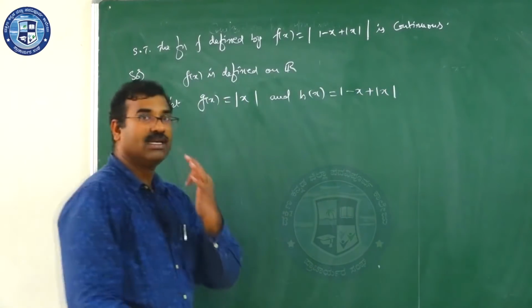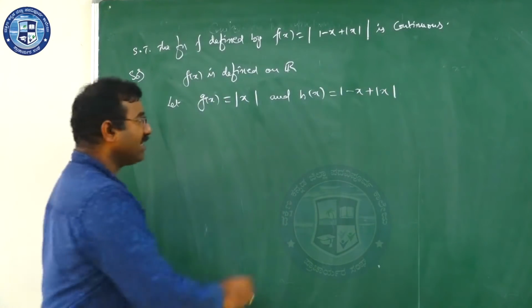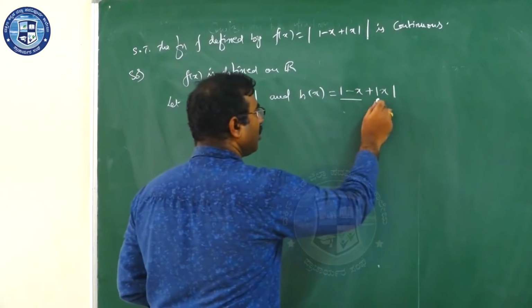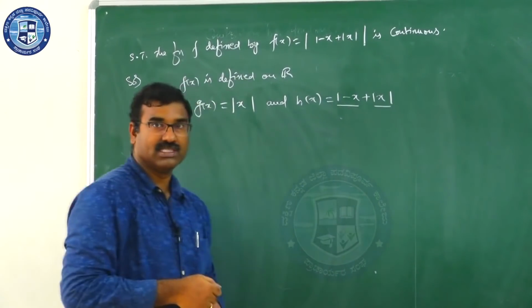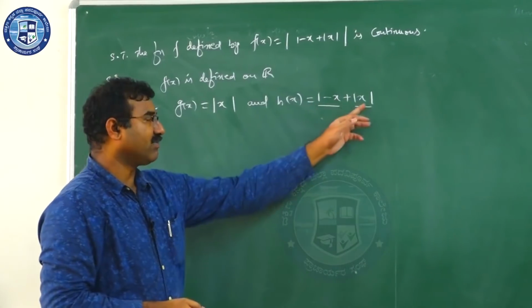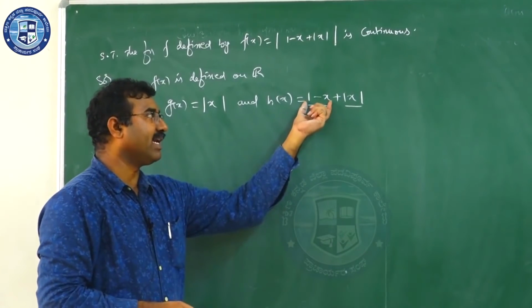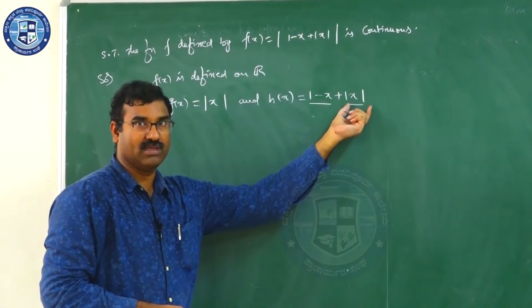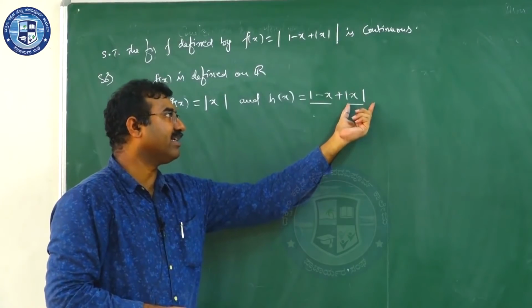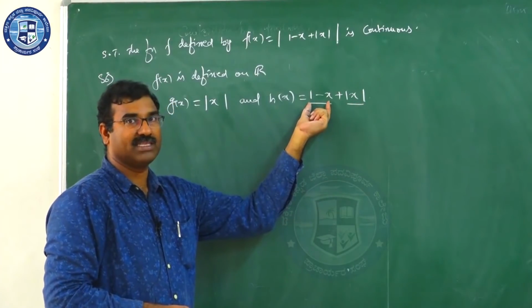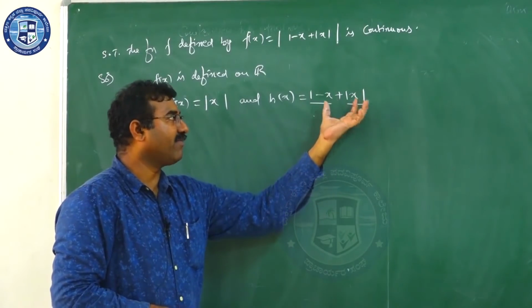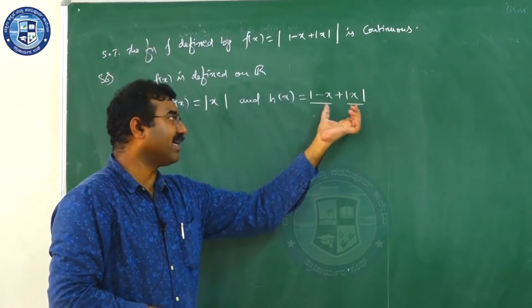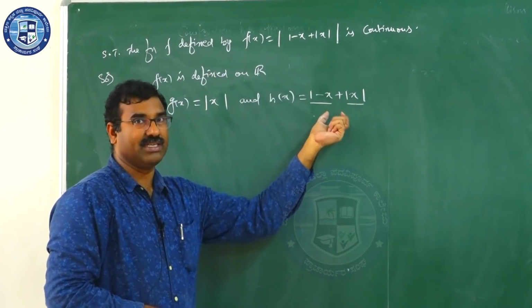Here this h of x is a sum of two continuous functions. This is a linear polynomial, this is a modulus function. We proved mod x is continuous. We proved polynomials are continuous. So sum of two continuous functions is again continuous.